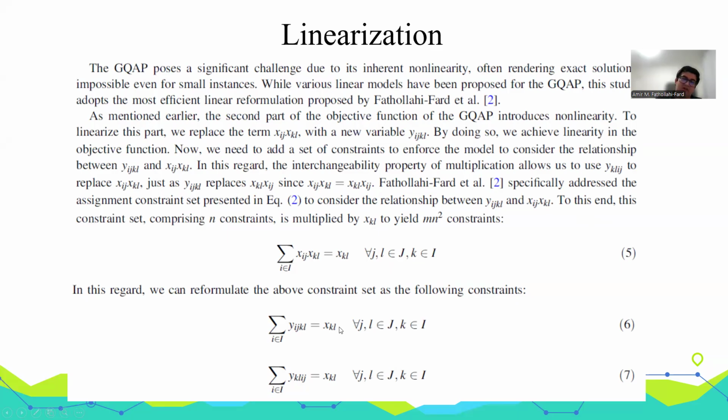We use these two new constraints to provide a link between the new variable yijkl and the nonlinear term xij xkl, where this variable translates this multiplication of two different variables.